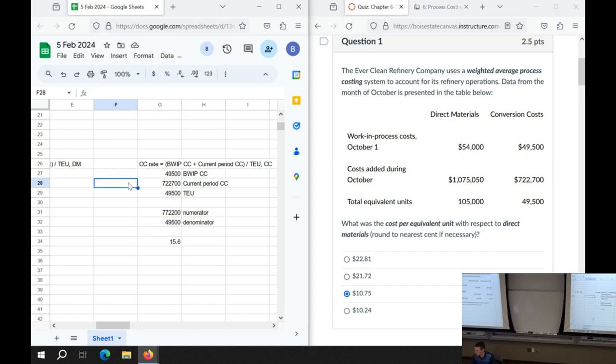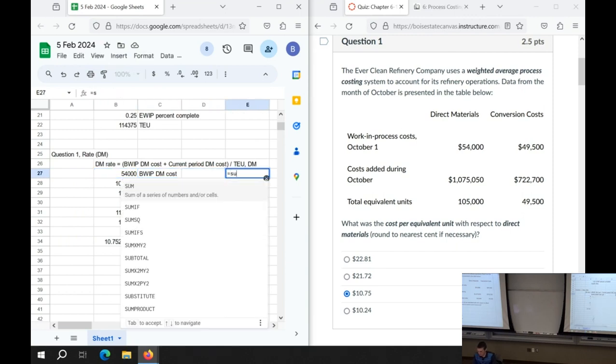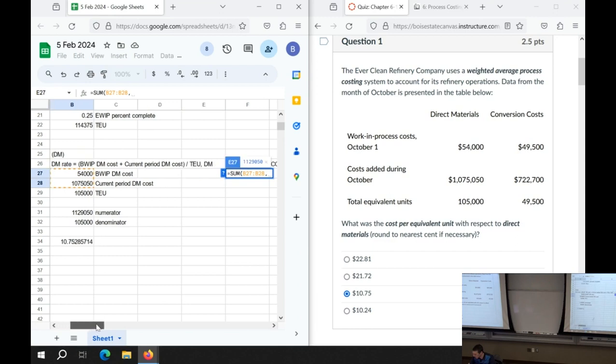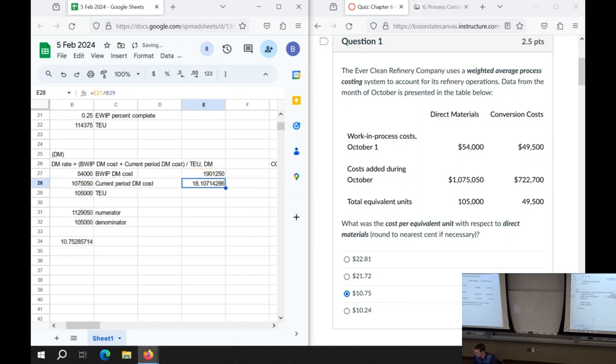I bet if we summed all those, we would get that rate over there. Divided by TEU, we get 18. No, maybe not. I forget what I did then. Well, some of the questions anyway have you do the wrong numerators.